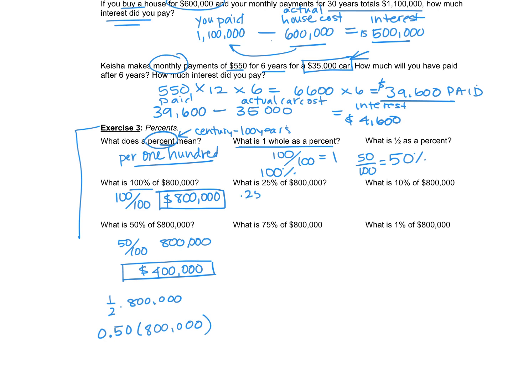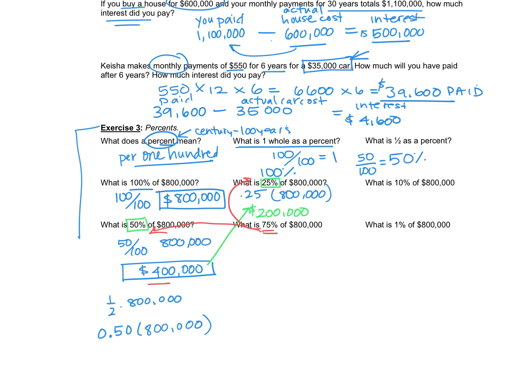25%, that would be 0.25 times 800,000. But if we already know 50%, just a thing to notice, then 25% is half of that. So half of 400,000 would be 200,000. You could double check that with your calculator, but it's kind of nice to do some mental math sometimes. And then when we look at 75%, really that is the 50% and the 25%.